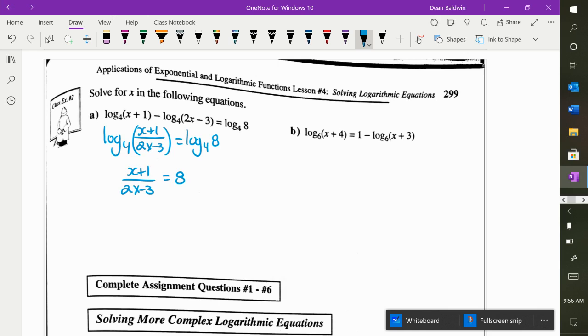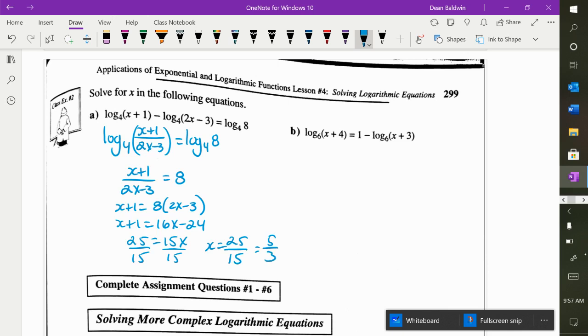So multiply out the 2x minus 3. So you could say 25 over 15, or you could reduce it to 5 over 3.